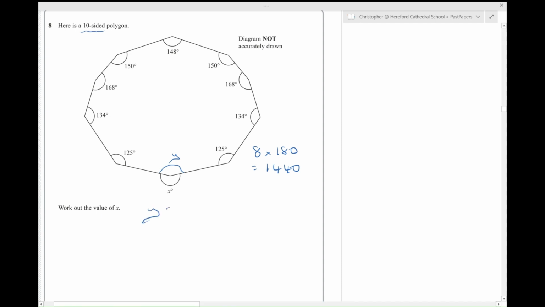So y is equal to 1,440 minus 1,302, which means that y is equal to 138, and x is equal to 360 minus 138, because it's the rest of that revolution. And that gives me an answer of 222 degrees for x. And that's number 8 done.